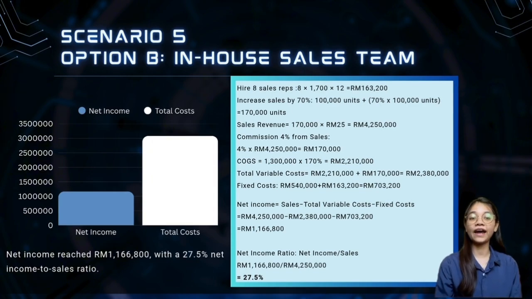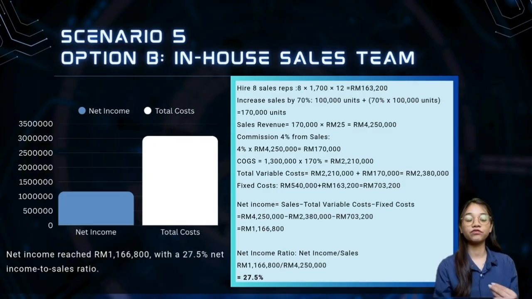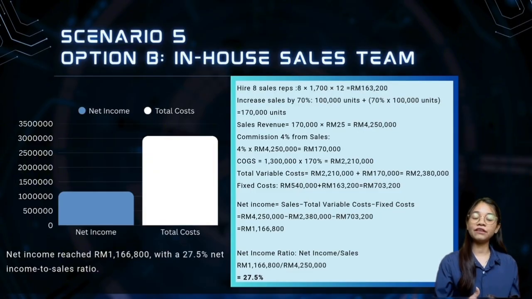This involves hiring 8 full-time staff with fixed salary and a lower 4% commission. This approach increases sales by 70% and achieves a net income ratio of 27.5%, which is much better and almost meets the target. Between the two, our group recommends option B for being more cost effective in the long run.